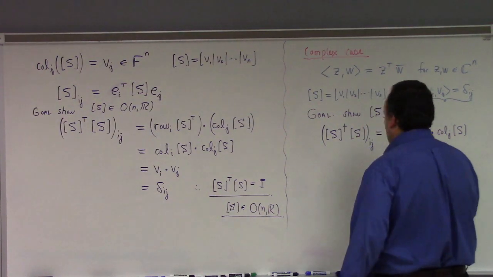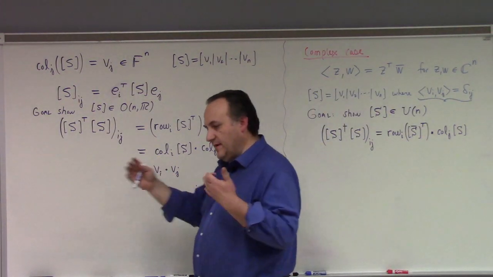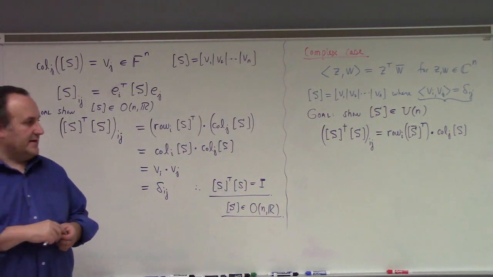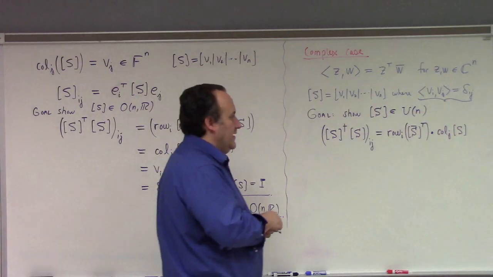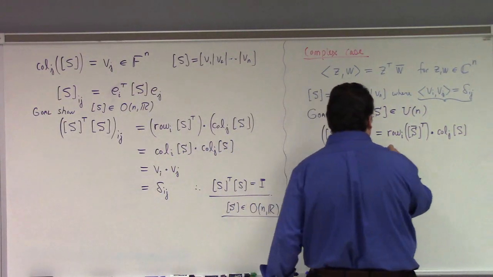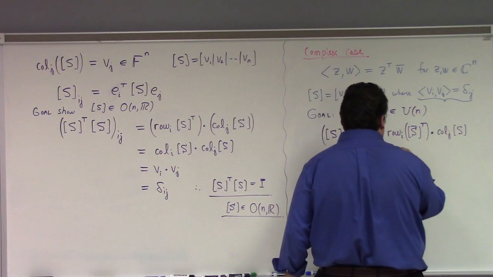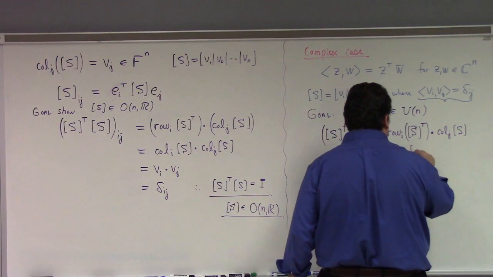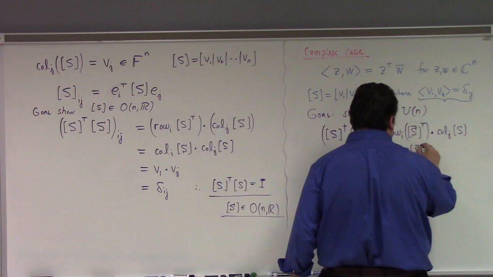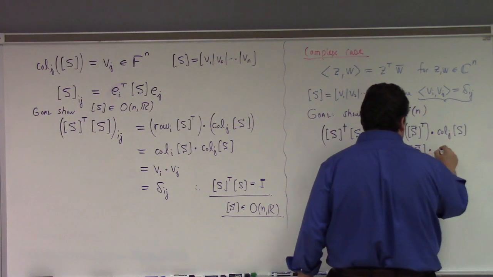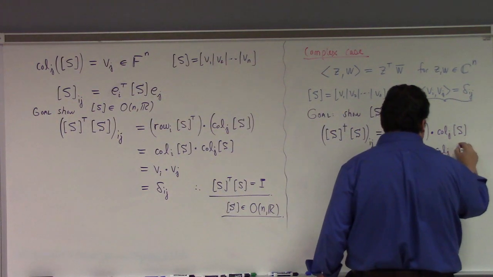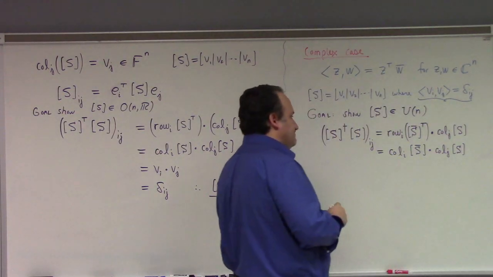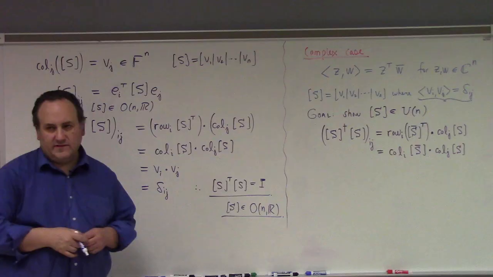Now, I'm using dot product here, but you could just as well use the transpose times the other one. So this is the same as column i of the conjugate of S dot product with column j of S. But what is column i of the conjugate?